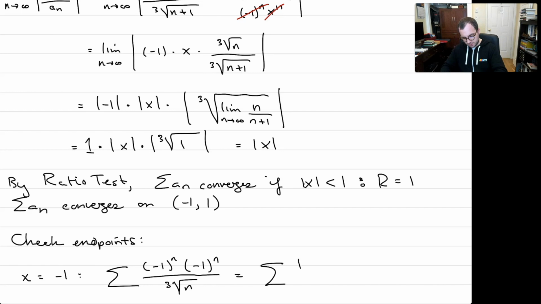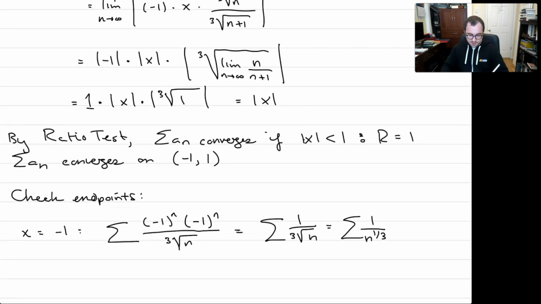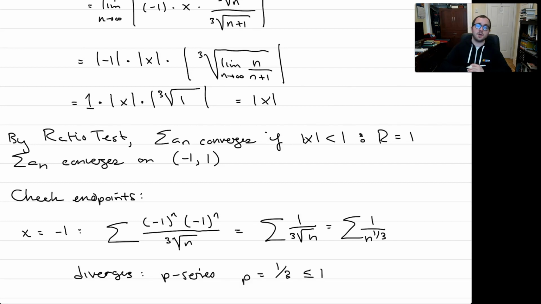So this series becomes 1 over the cubed root of n, which is equal to the series 1 over n to the 1/3. This is a divergent series because it is a p-series with p equals 1/3, less than or equal to 1. So when I plug x equals negative 1 into this power series, the resulting series is a divergent series, a p-series with p equals 1/3.